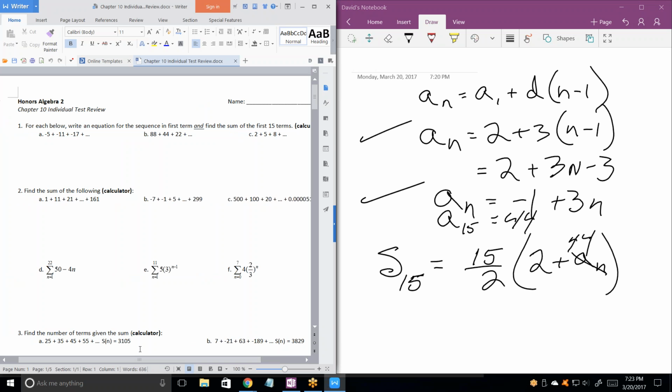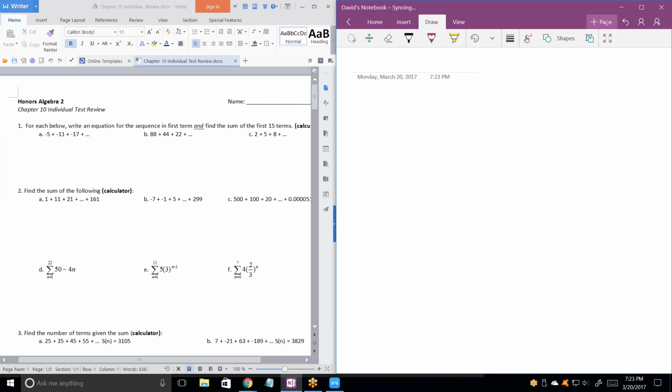All right, let's look at number 2. Find the sum of this sequence. Well, is it arithmetic or geometric?